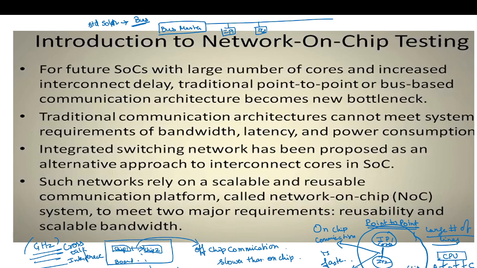The bus master says that this is for IP1 and this information goes to IP2. So this saves the number of lines, but it's not parallel.